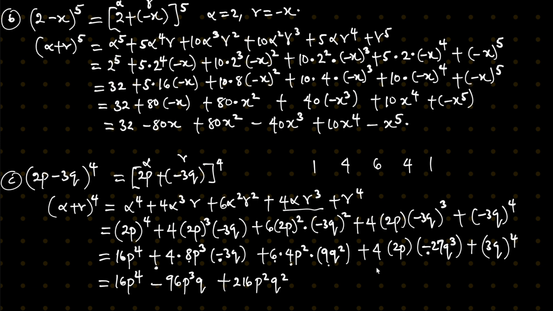Here again we have a negative multiplying a positive, that gives negative. 4 times 4 times 2 is 8. 8 times 27, that is again 216 p q to the power of 3, plus 81 q to the power of 4.